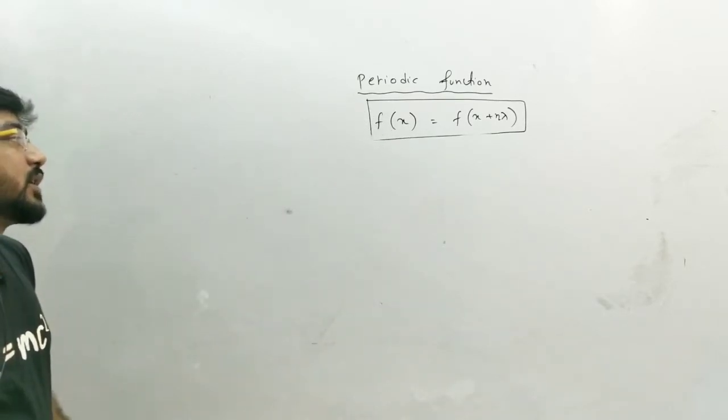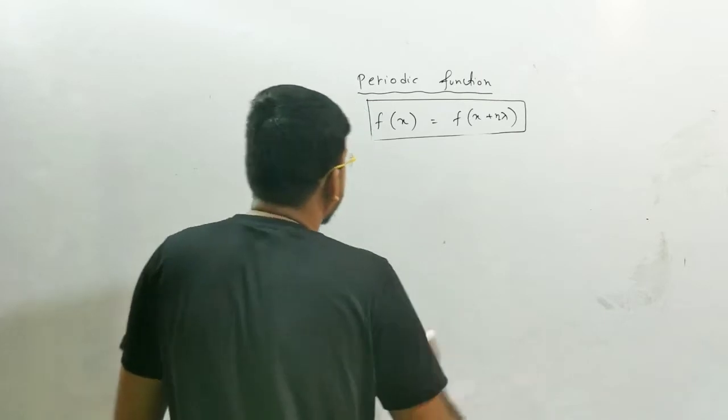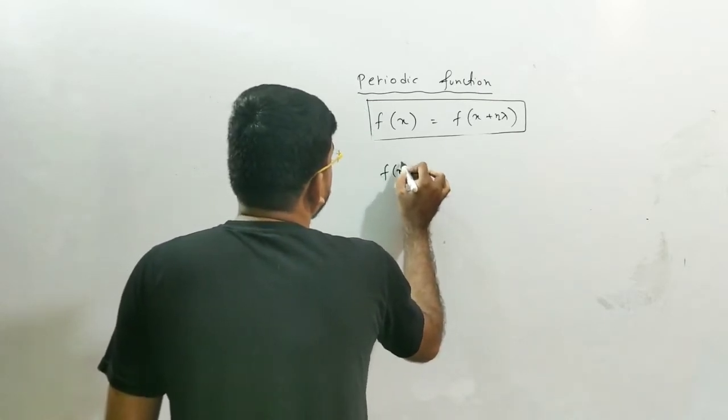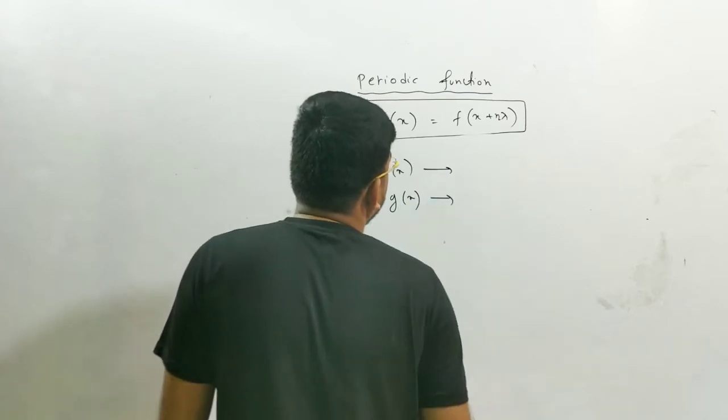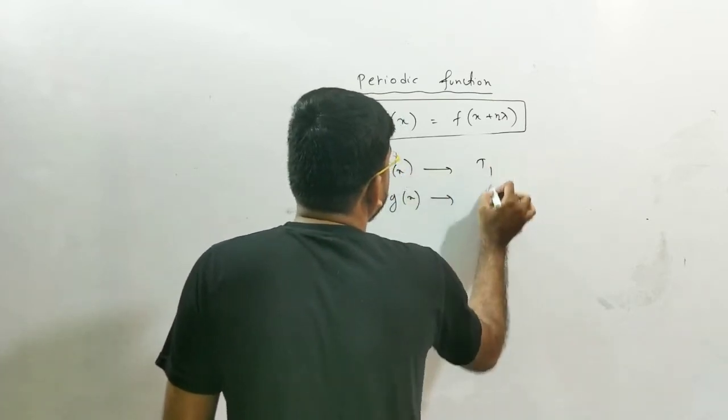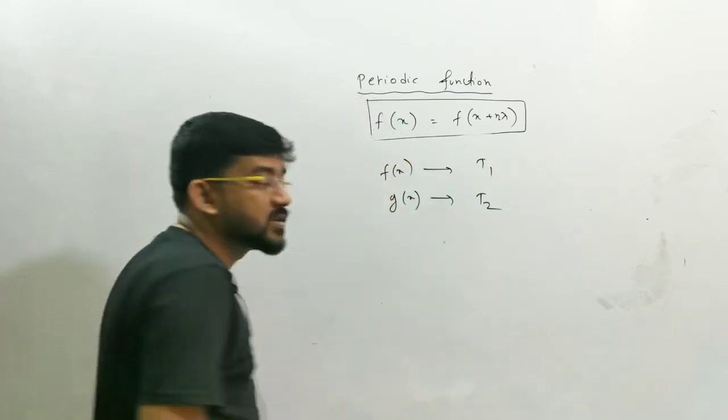So moreover, if you have a combination of two functions, suppose you have a periodic function f(x) and another periodic function g(x). Suppose the period of f(x) is T1 and the period of g(x) is T2.